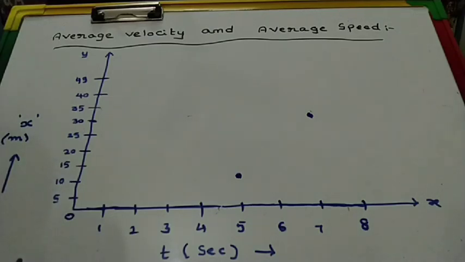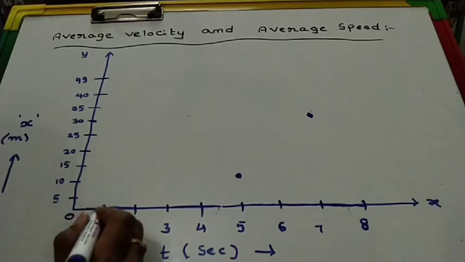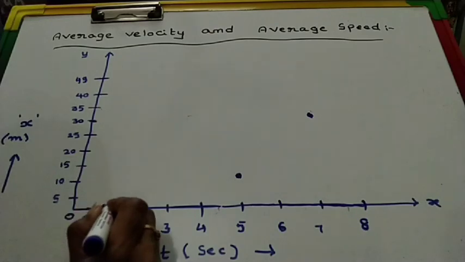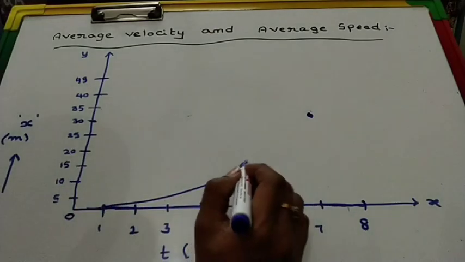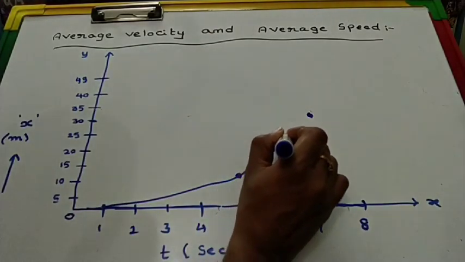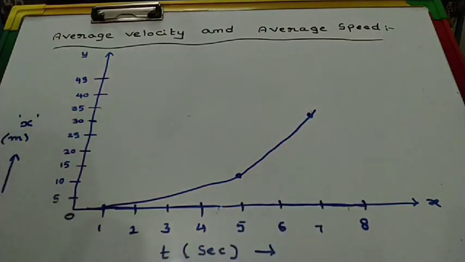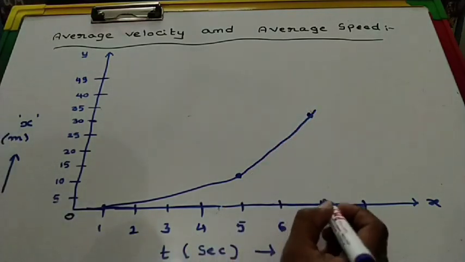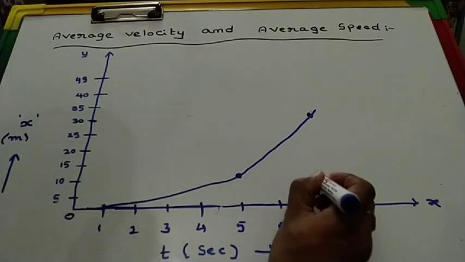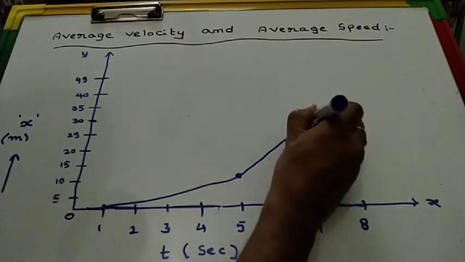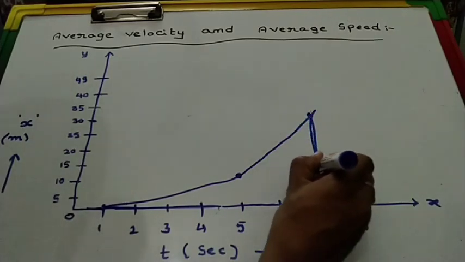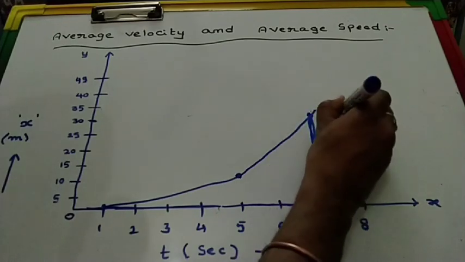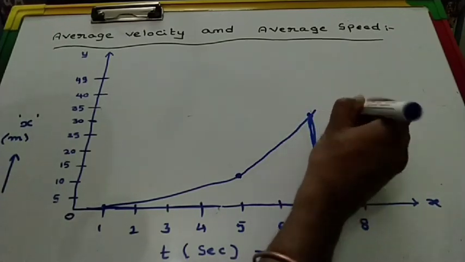Now draw a line from time 1 to 5 seconds, after that to 7. Now take a straight line. Consider this is point P2.